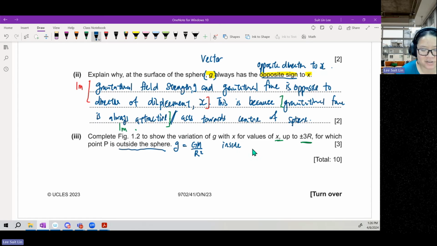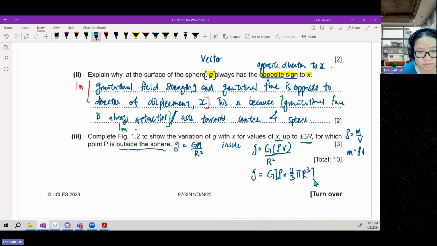Inside the sphere, g is equal to GM over r squared. I've derived this before, but if you want to, you will have to derive it again. But density is mass over volume, so mass is density times volume. So g would be G times density of the Earth times volume of the sphere, 4 over 3 pi r cubed, divided by r squared.